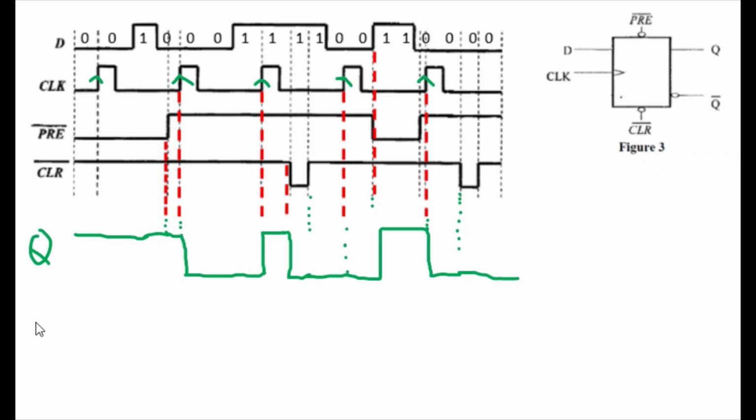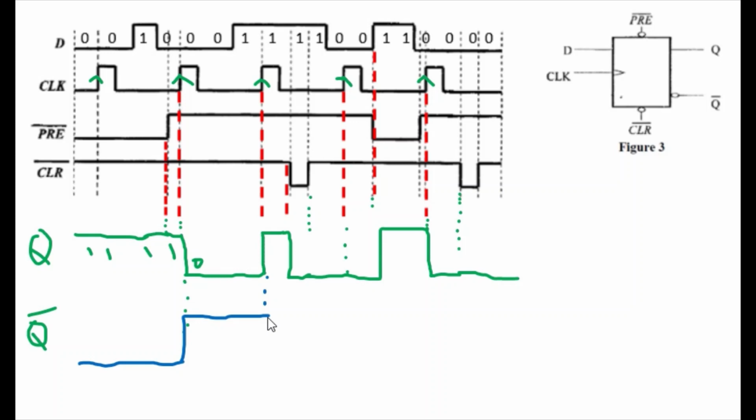Now you need to draw Q bar. Q bar will be the complement of Q. Q starts at 1, so Q bar starts at 0. Where Q is 0, Q bar becomes 1, and it remains 1 at this point.